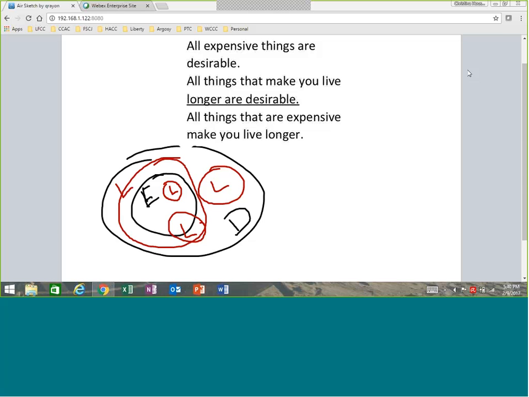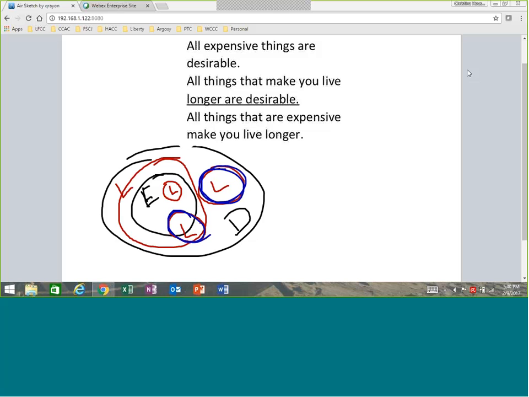See, we do have that. All things that are expensive make you live longer. But there is contradiction with some of the possibilities here, like this one. There's a contradiction with that circle. There's a contradiction with this circle. Because remember, it only takes one contradiction. There's only one case that is needed to say it is an invalid argument.